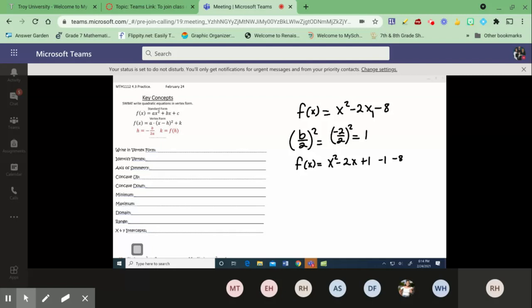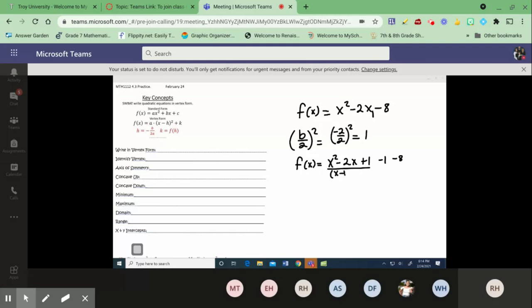So far, so good? All right. Now I'm going to focus in on this trinomial right here. What can I multiply to get a positive 1 that will add up to a negative 8? How will this guy right here factor?